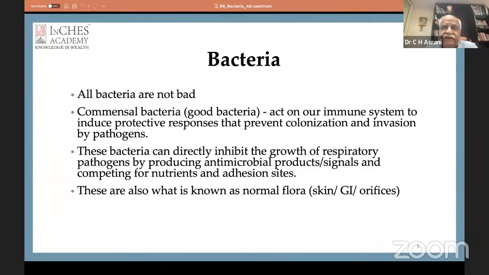We know our skin has normal flora, our GI system has normal flora, which we replace through probiotic capsules. We are replacing almost 5 billion flora in one capsule. And all orifices, mouth, vagina, etc. There are over 1,000 types of commensal bacteria, whereas infective bacteria may be even 100.